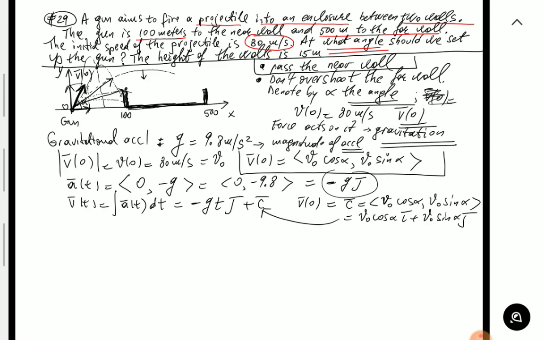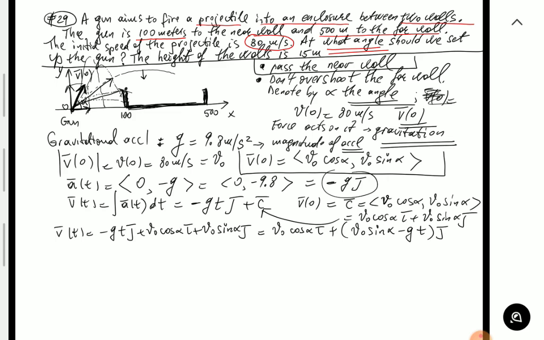Plug it back into the velocity, and we get minus gt j plus v naught cosine of alpha i plus v naught sine of alpha j. Combine the components, I get v naught cosine of alpha i plus v naught sine of alpha minus gt j. So that is the velocity as a vector.